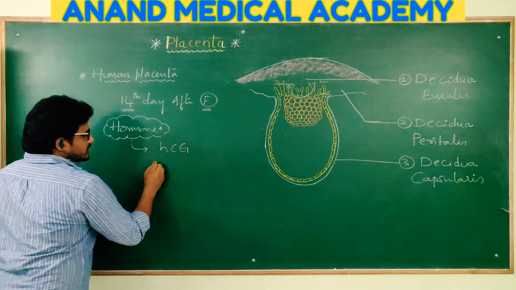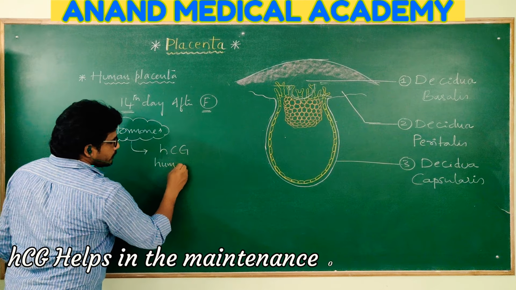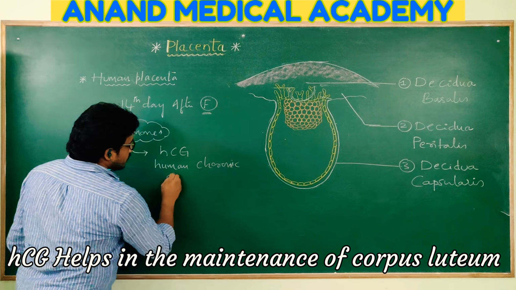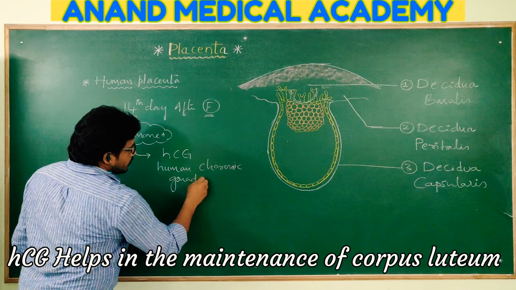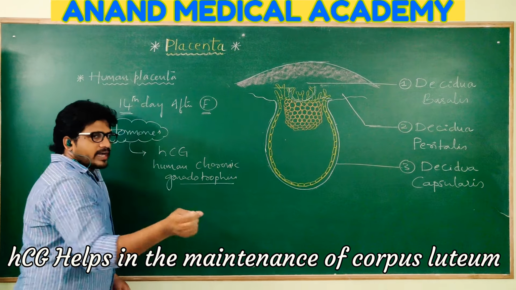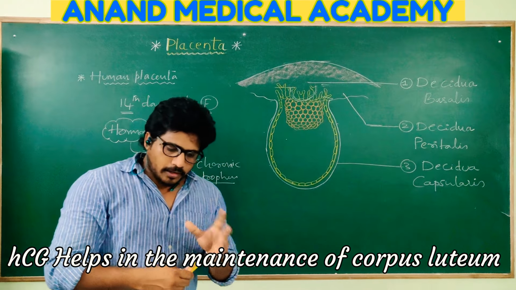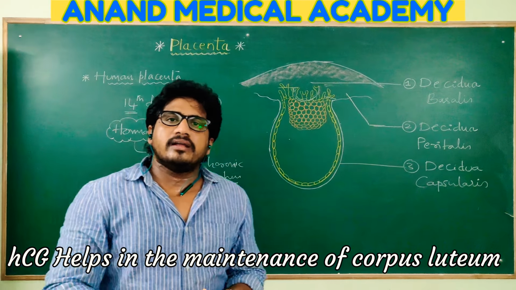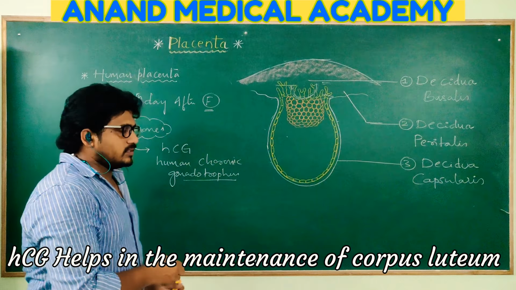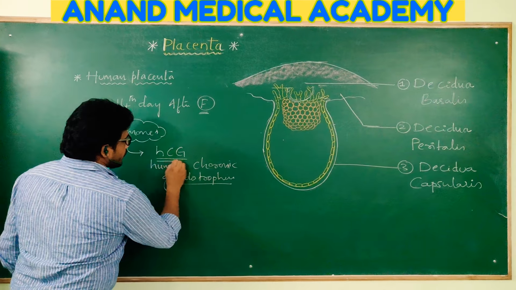HCG. HCG means what? Human chorionic gonadotropin. Just a minute back I discussed that the corpus luteum is maintained by placental hormone if fertilization takes place. That is HCG.